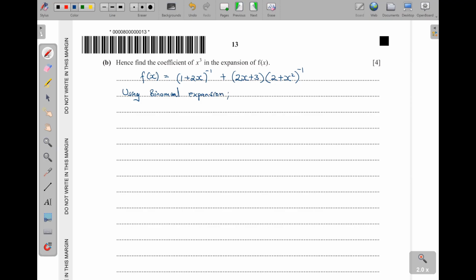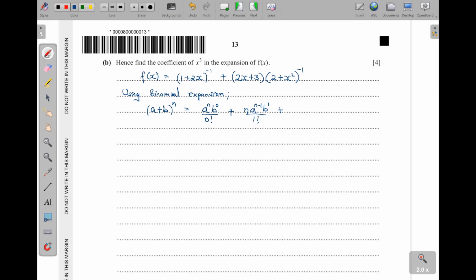Binomial expansion, we have, if I have a plus b, the general one, power n, then I'm going to put the power on the first one, then b is to the power of 0, then 0 factorial. Then you keep on differentiating a, you reduce the power by 1, so multiply here the n, then reduce it by 1, then that 1 it has lost now is picked by b, then 1 factorial.